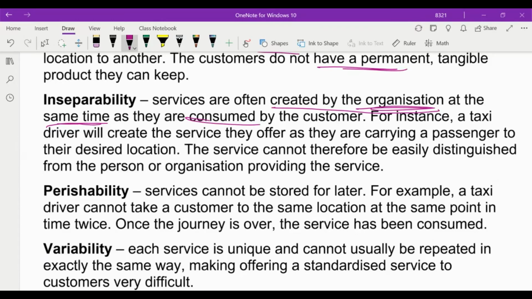So you can't tell the taxi driver to take you to some other place and the taxi is going separately and you are going separately, right? It cannot happen that way. It's unimaginable. A taxi driver will create the service they offer as they are carrying a passenger to their desired location. So when they are carrying the passenger, they are providing service. And when the passengers are being carried, they are consuming the service. So the production and consumption happens at the same place.